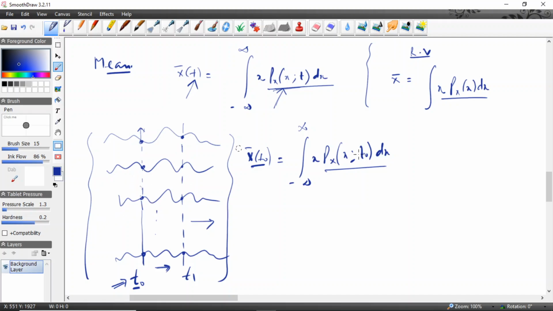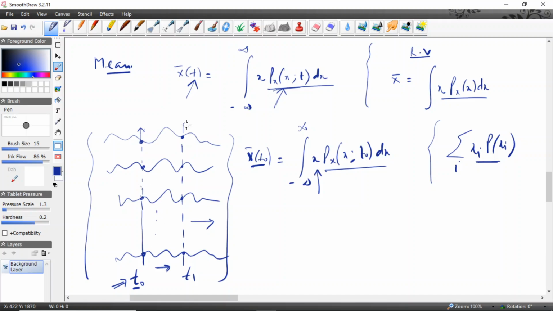Or if it is discrete, then in that case it is simply the summation of xi into probability of xi. Here we assumed that the random variable takes a continuous range of values. If I assume that these points take some discrete set of values, then you can multiply each with its probability and sum over i, and you will get its mean value for this time.